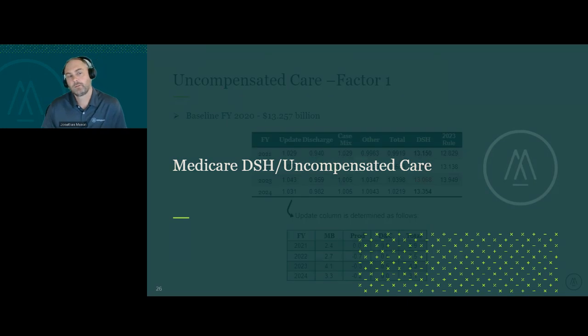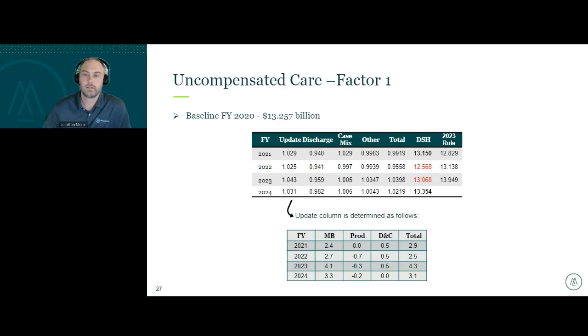So for the Factor 1 UC calculation, the DSH estimate actually begins with an anchor period, in this case, the 2020 Medicare DSH expenditures, which is then trended forward by a number of factors applied to the 2021 through the 2024 periods.